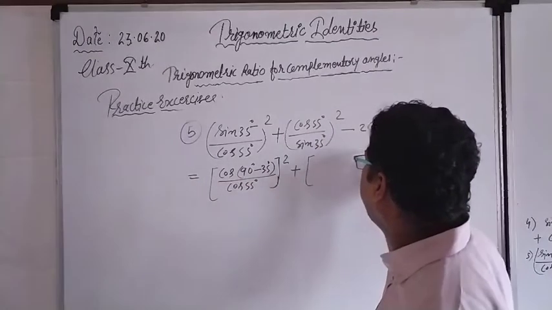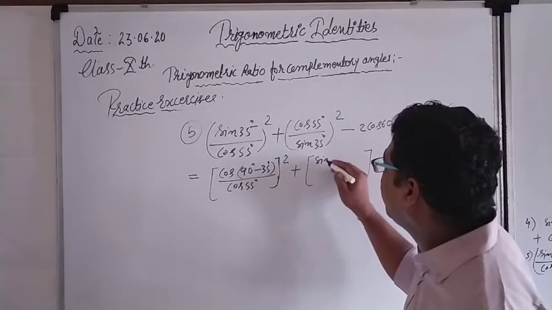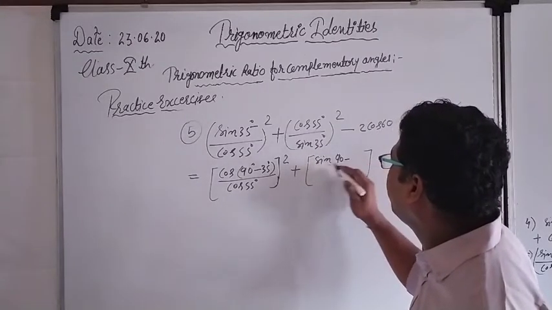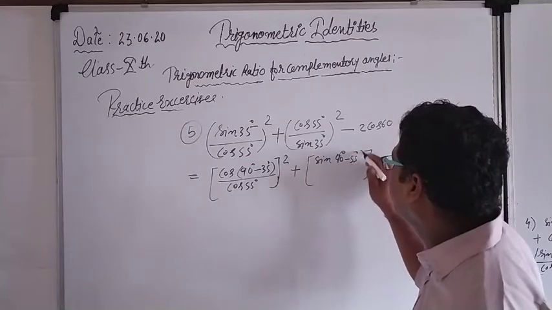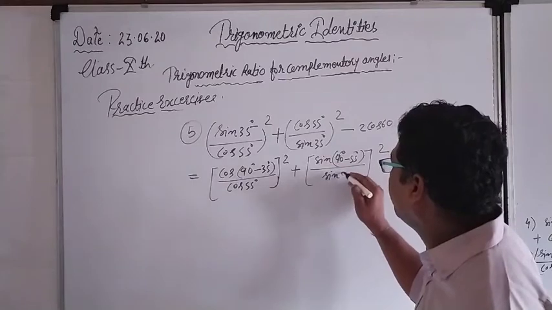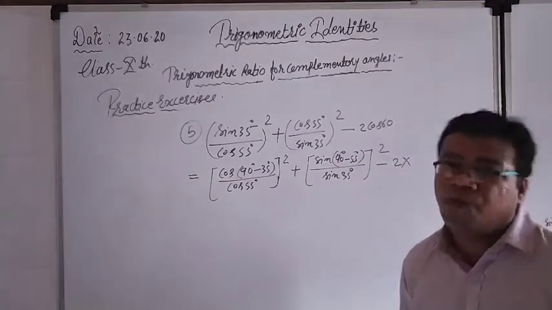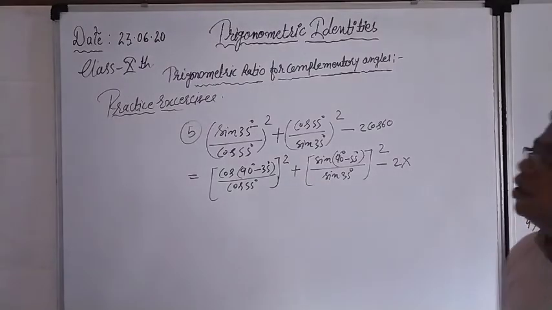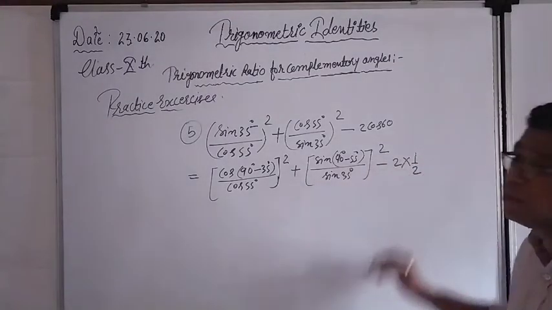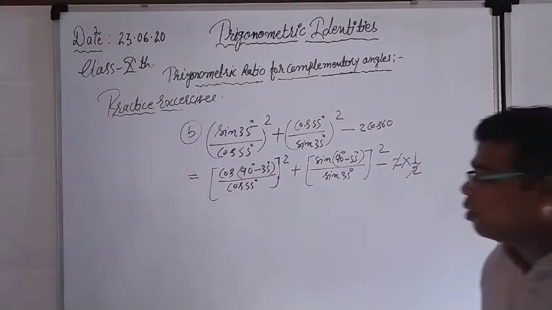Plus, again with a big bracket, cos 55 can be written as sine of 90 minus 55 degrees, square, with sine 35 on the denominator. Minus 2 cos 60. Now fill in the value. What is the value of cos 60? Cos 60 is 1 upon 2, so that 2 and 2 are going to be cancelled.